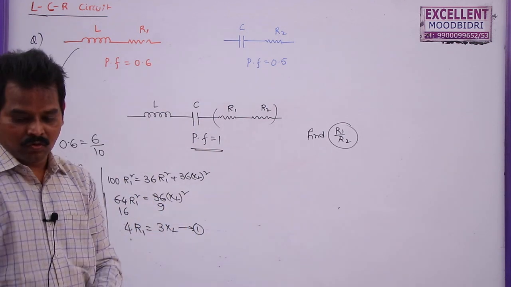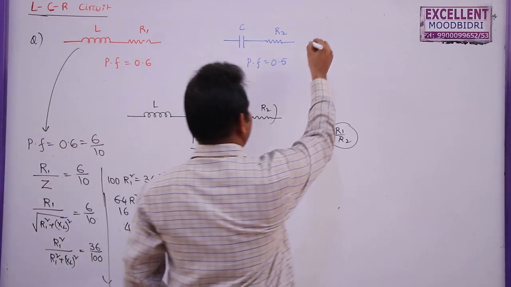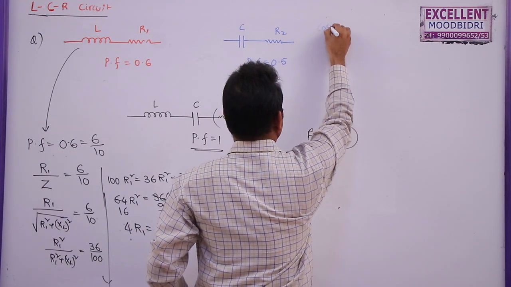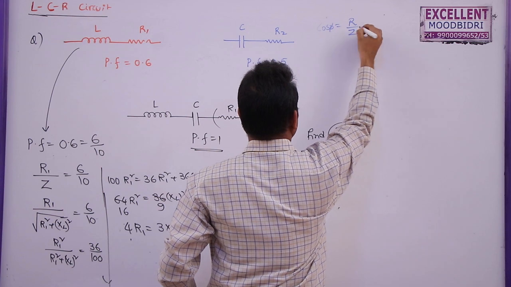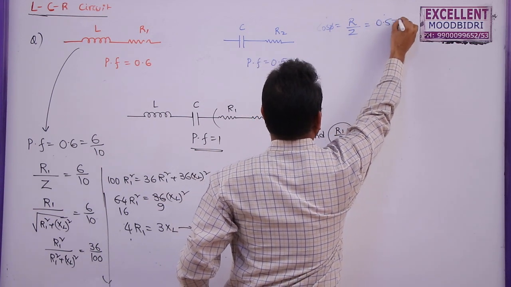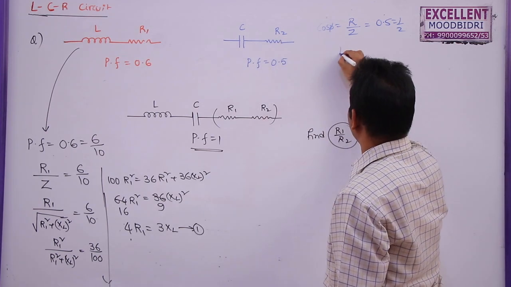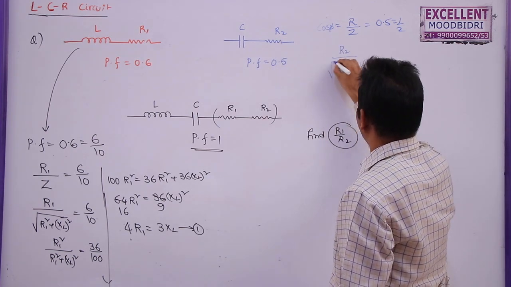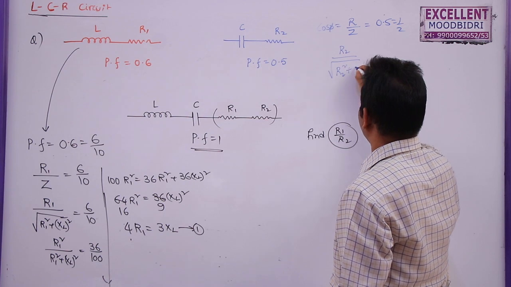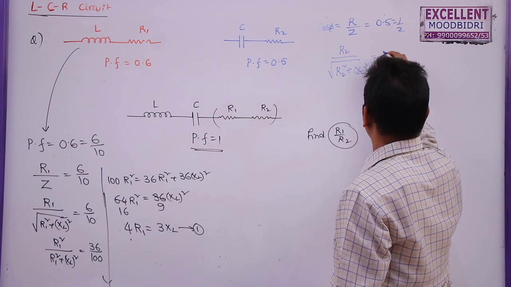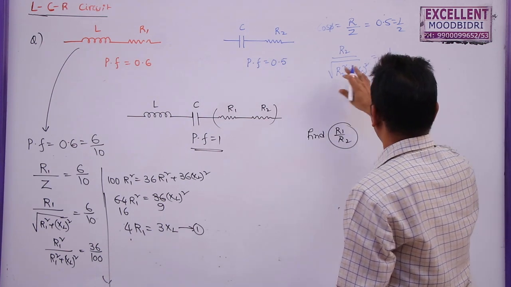Now for the second circuit, I am going to solve this here itself. Power factor cos phi is equal to R by Z, which is equal to 0.5, that you can write as 1 by 2. So here I can write this as R2 by root over R2 square plus XC square is equal to 1 by 2.